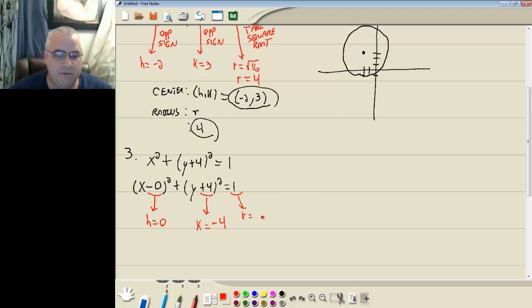And remember, we take the square root of that. So square root of 1. So we get r is equal to 1. Okay, so our center is (h, k), which is (0, −4). And our radius is r, which is 1.